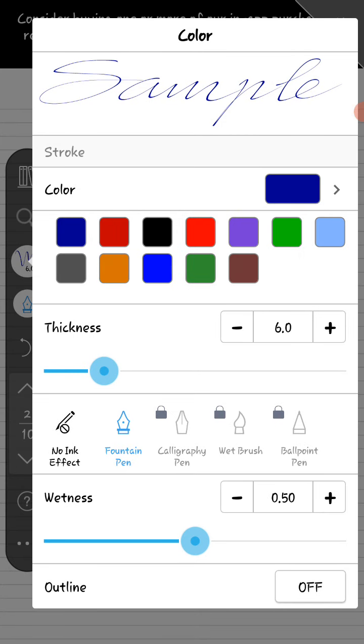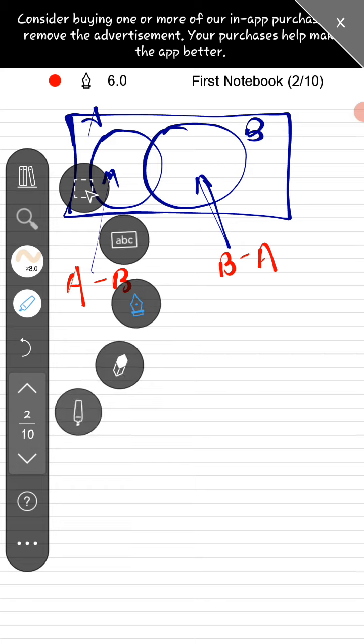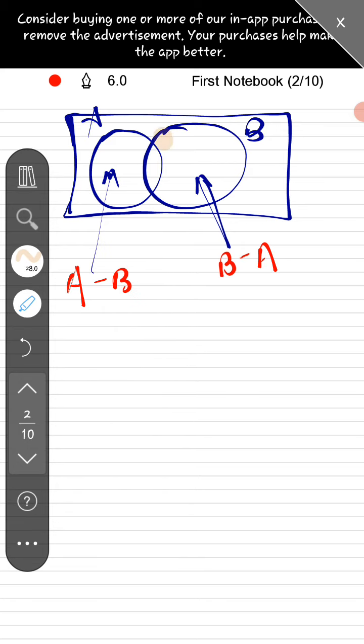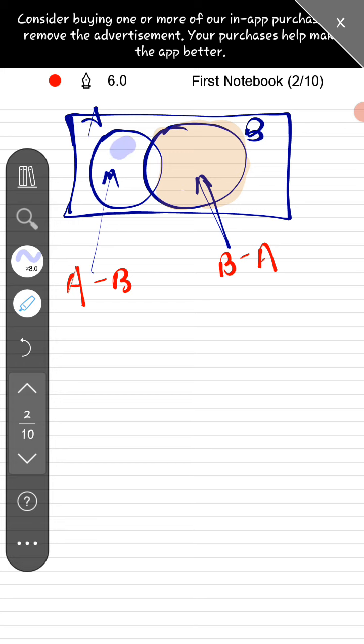This region can be written as A minus B and this one as B minus A. How? Let me tell you. This is only B, in which A is not present. If any element is written in the overlap, then it will not be considered as B minus A, right? Similarly, this is only A, or A minus B.